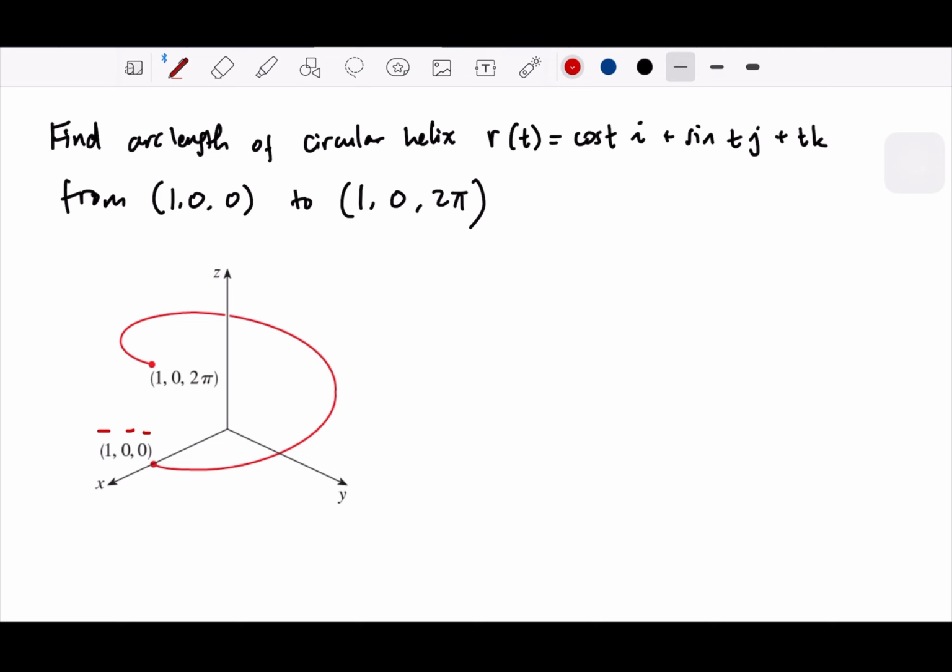But the question is just finding the arc length. You don't really need to draw, but this is if you want to draw. If you want to find the arc length, you can use the previous equations, looking at t going from 0 to 2 pi.